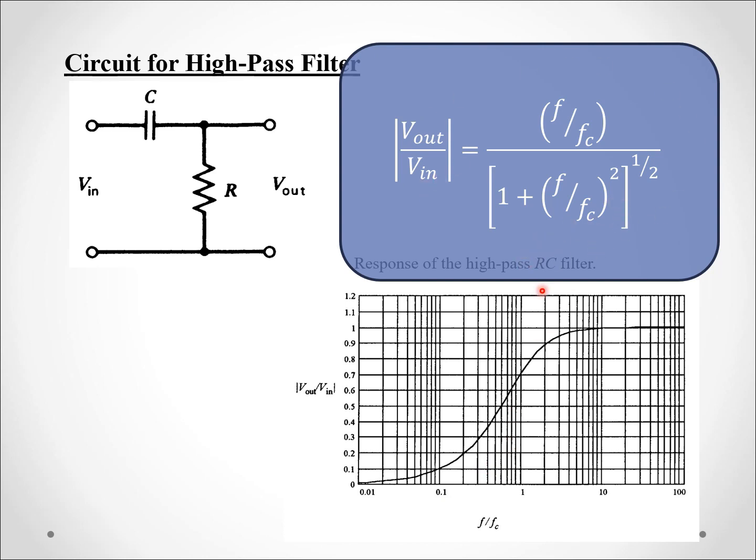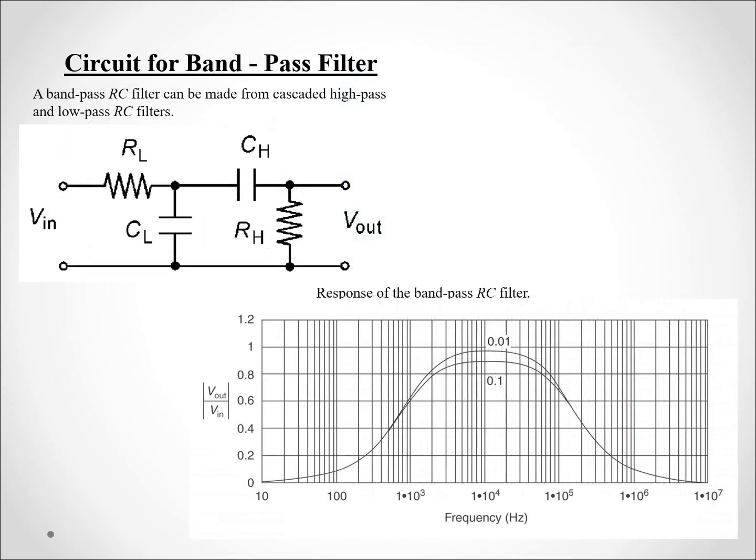For the band pass filter, it is actually a combination of a low pass filter and a high pass filter. In this graph, we can see the response of the band pass filter, where this type of filter will only allow a certain band of frequency to pass through while blocking the lower and higher frequency of the signals.